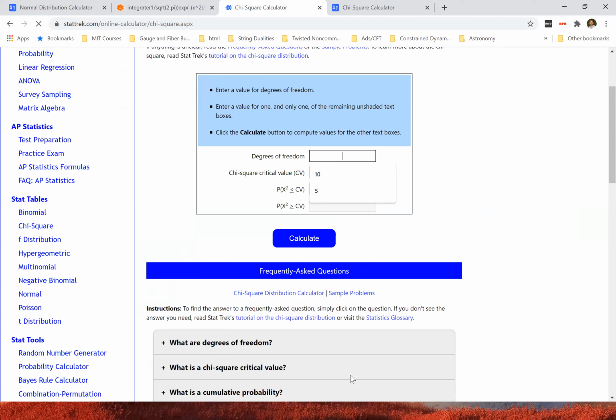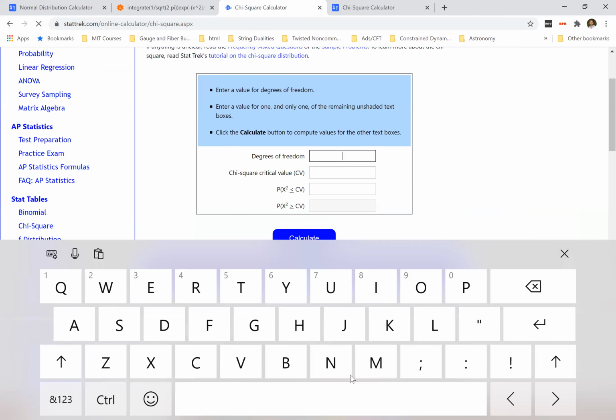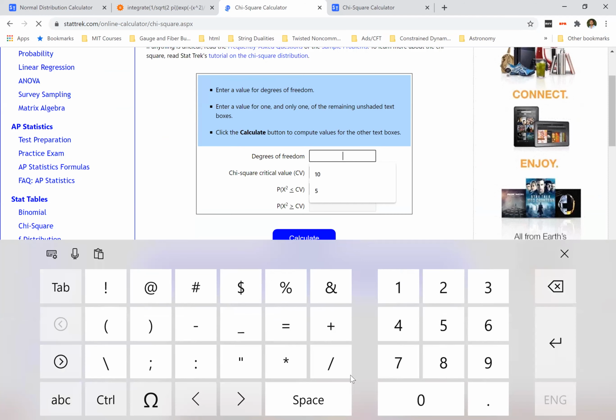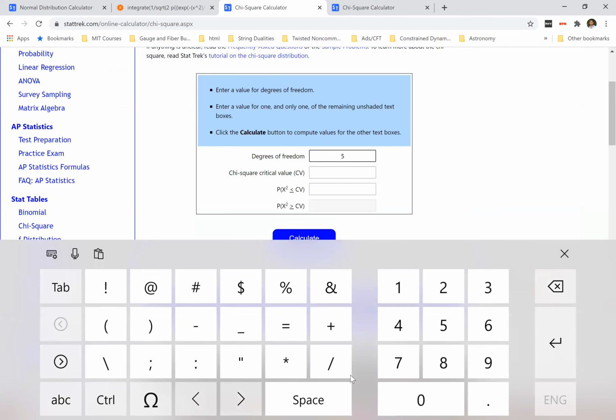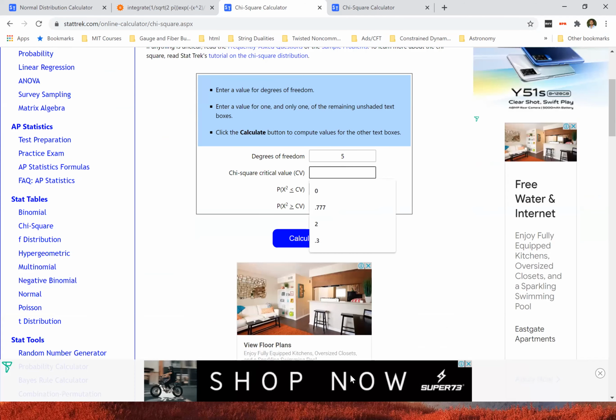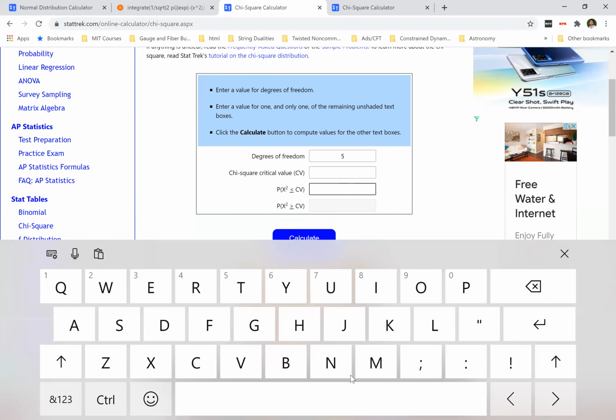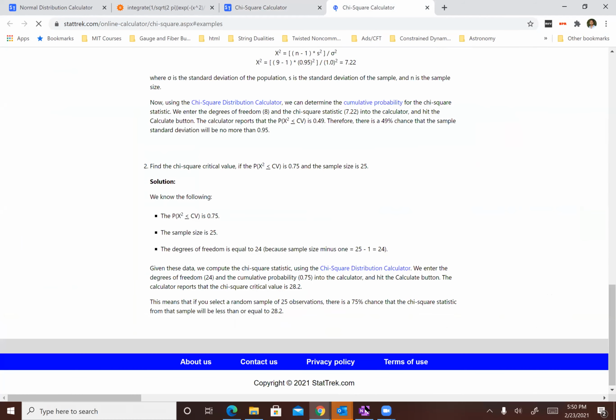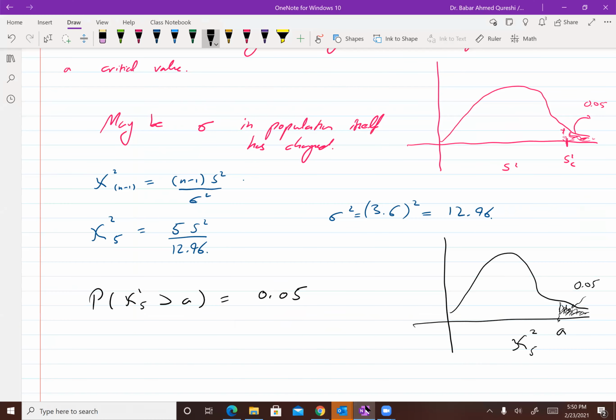Yeah. So this is 5, and I want to compute a chi-squared critical value. Over here, it's giving me an option of chi-square being less than a certain critical value. So it is computing the probability of chi-square being less than this.